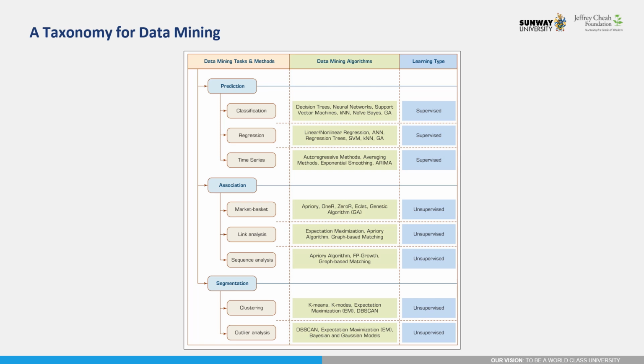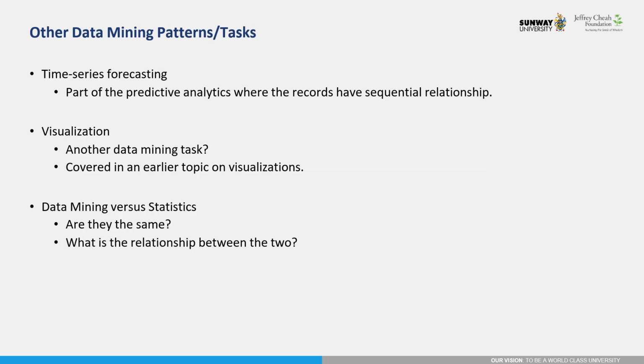Now, if you are talking about data mining pattern tasks, of course there is time series visualization, and statistics versus data mining, which is very important to discuss at the start. Time series forecasting is one way to check the sequence behavior of the data, whether you have a positive or negative trend in the future.